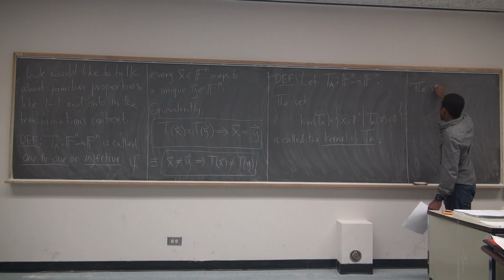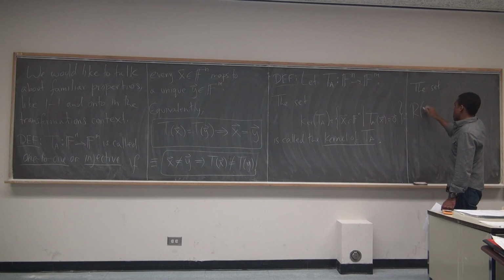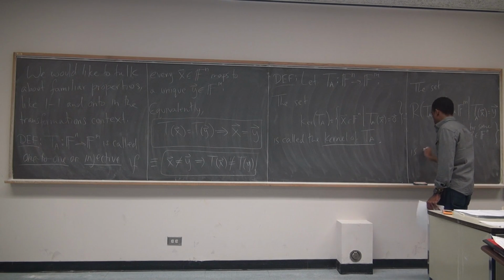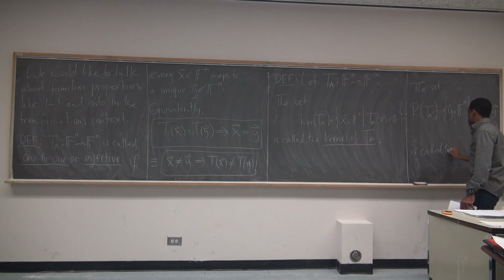Also, the set, the notation is R of T_A, which is the set of all y in Fn such that T of x equals y for some x in Fn, is called the range of the transformation.